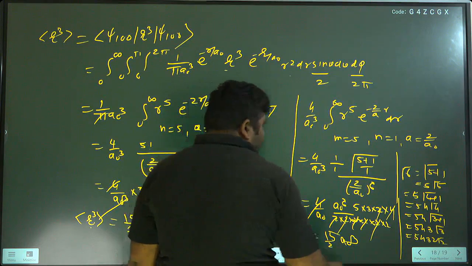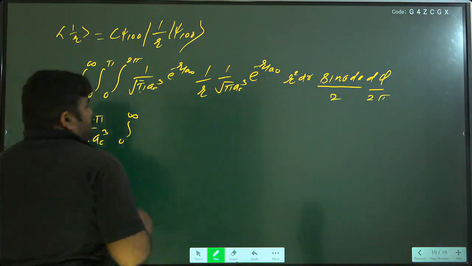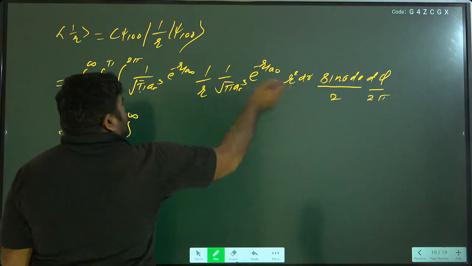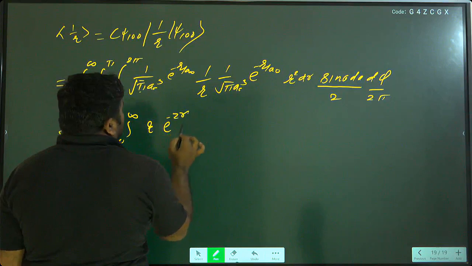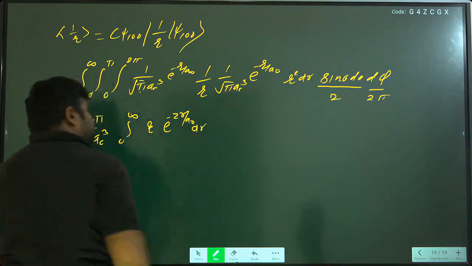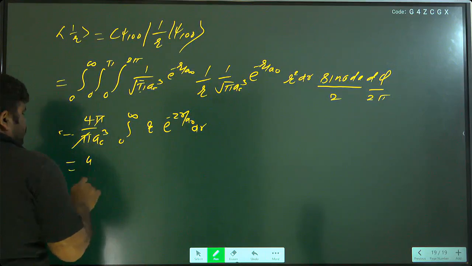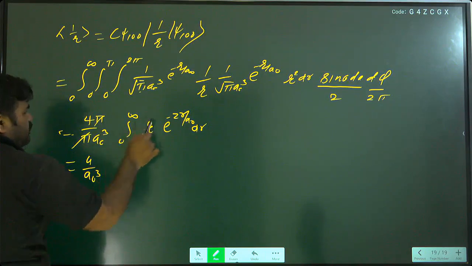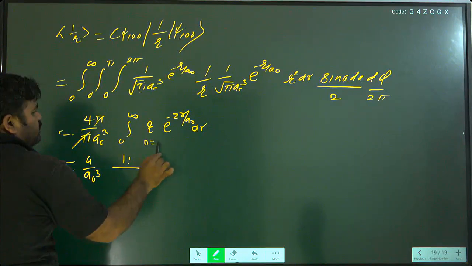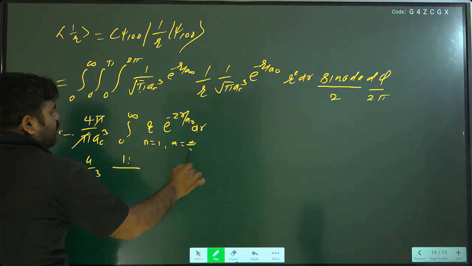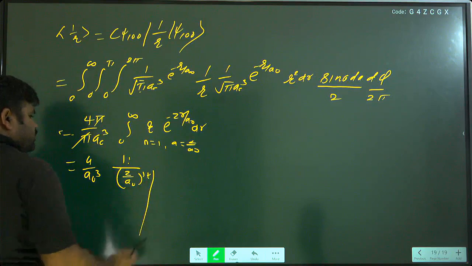This is the expectation of r square. Now, 1 upon r into r square, like r square upon r, means 1 r gets cancelled. So r e to the power minus 2r upon a naught into dr. Using the gamma function, pi gets cancelled. 4 upon a naught to the power 3, 0 to infinity, r to the power 1 means 1 factorial upon, n is equal to 1, a is equal to 2 upon a naught, means 2 upon a naught bracket to the power 1 plus 1, 1 plus 1 means 2.